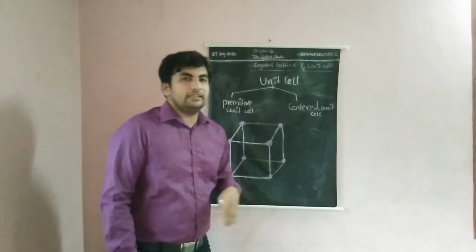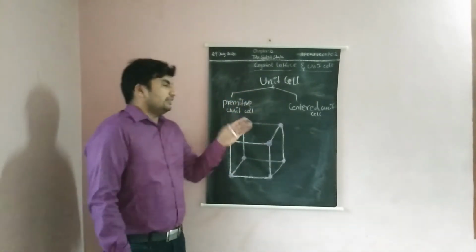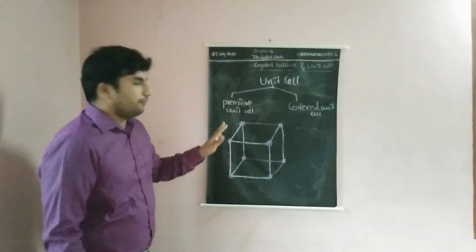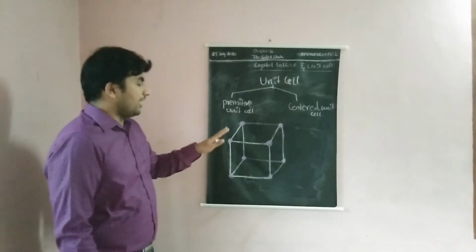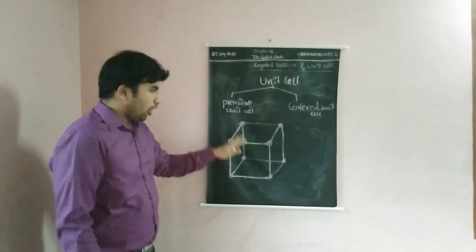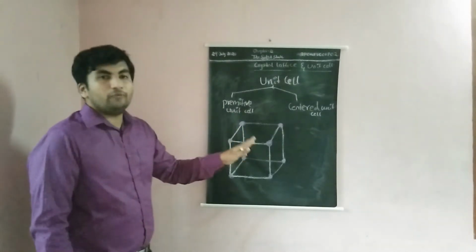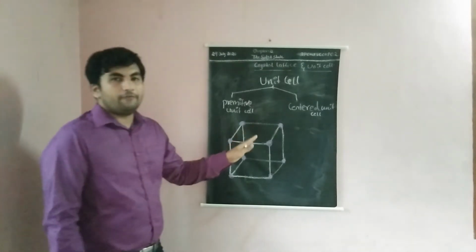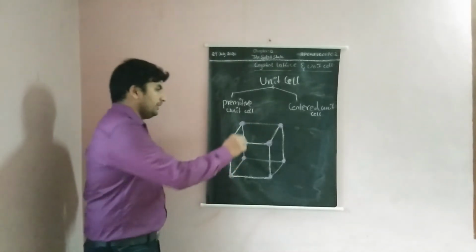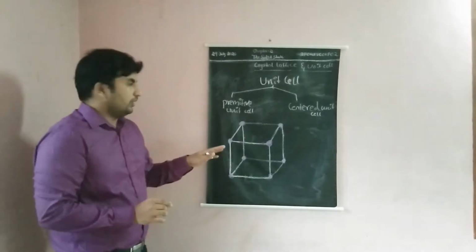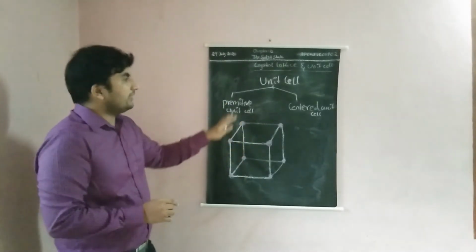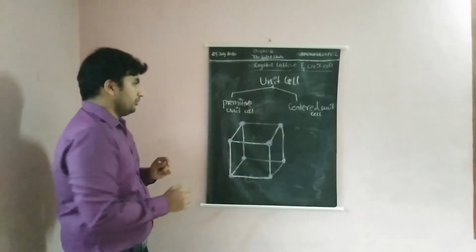The next one is the centered unit cell. A centered unit cell is a type of unit cell in which constituent particles are present at the corners and also at other positions of the unit cell. It may be the center or faces or any other position. Constituent particles are placed not only at the corners but also at other positions of the unit cell.